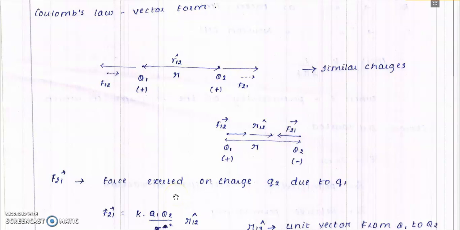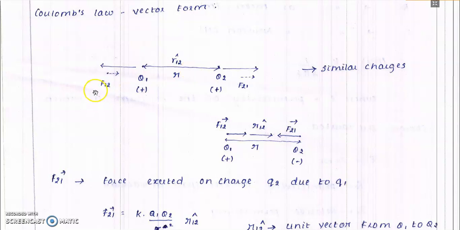So let us find out F21 and F12. There will be two forces experienced. F21 is nothing but the force exerted on the charge Q2 due to Q1, that is, the force experienced on charge 2 with respect to 1.